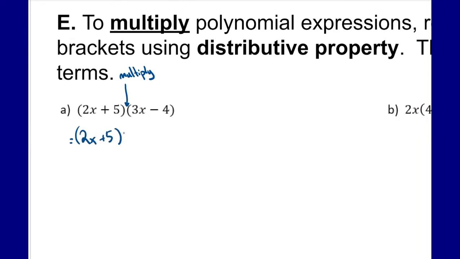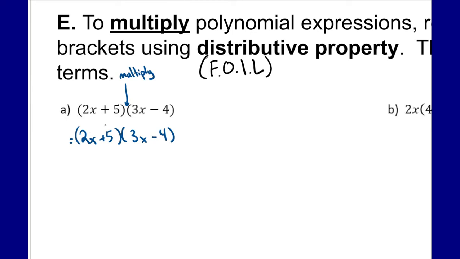Now we need to use the distributive property. You might also know it as the FOIL method in some cases. It is multiplying every term by each other, or multiplying all the terms together. So we'll go through and visually do that.